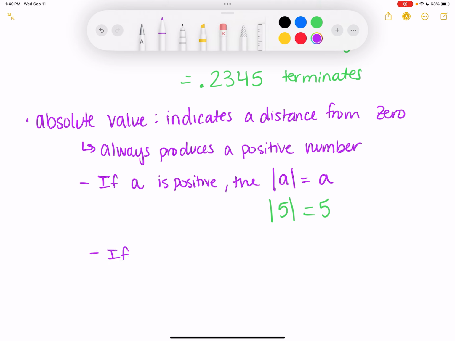If A is 0, then the absolute value of A is equal to 0. So the absolute value of 0 is equal to 0.